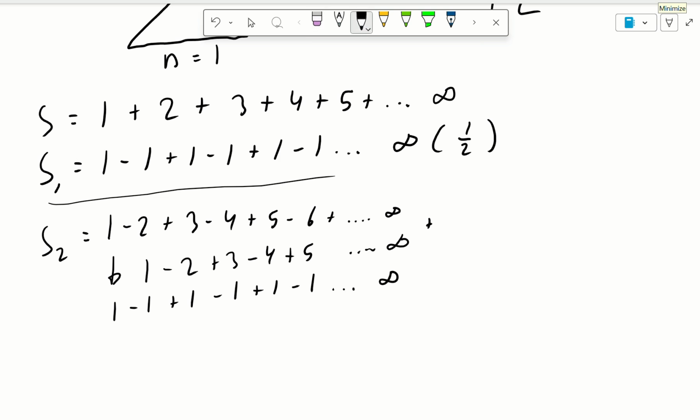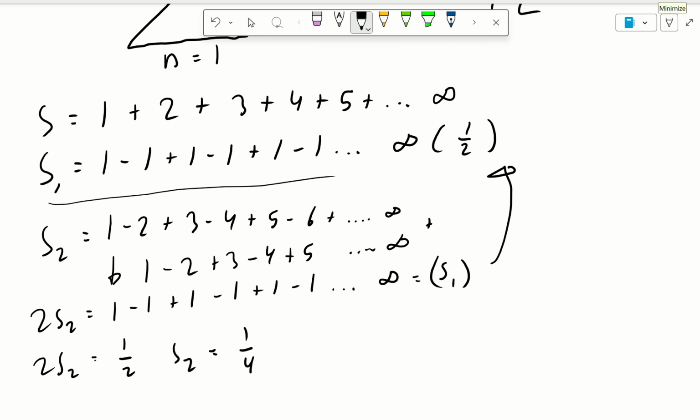We can see that adding the two S2s together gives us S1, what we said here. Now we know that S1 is 1 half, so 2 S2 equals S1, or 1 half, and S2 is therefore 1 over 4. So now we're getting close to the answer.